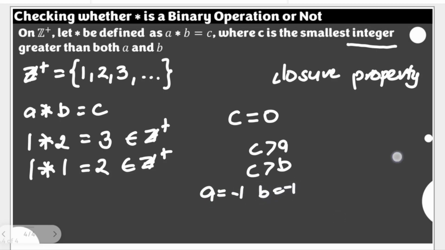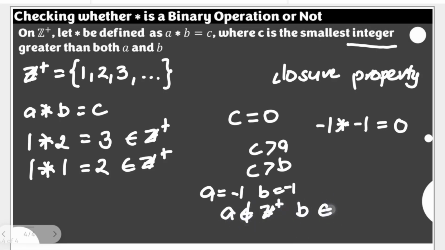Because if we have negative 1 star negative 1, the smallest integer greater than negative 1 is 0. If we had this situation, we could say the closure property will not hold and that the operation is not binary. However, in the first place, a is not an element of Z plus.